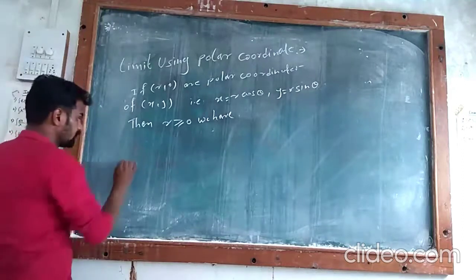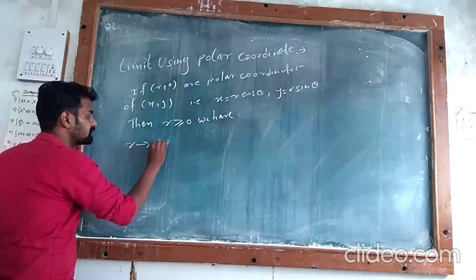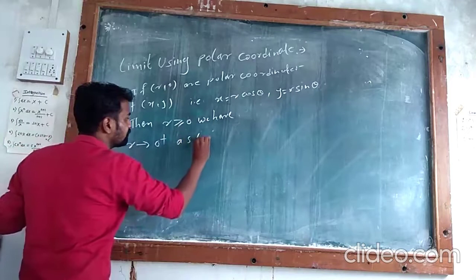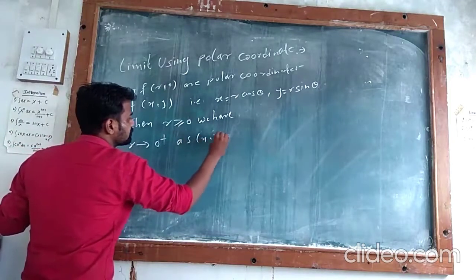We have r tends to 0 plus as (x, y) tends to 0.